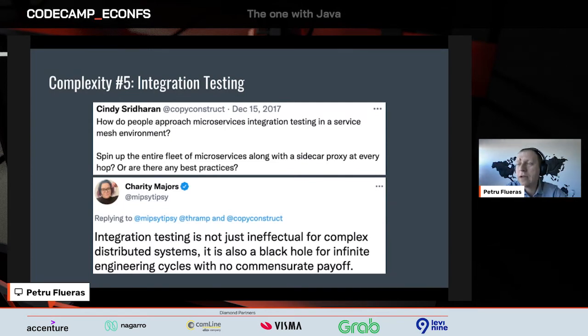So most likely you could spend a lot of effort implementing integration testing and still they can be ineffective. So this is, yeah, pretty scary, I would say. With a monolith, it is better. You can test it in a local environment and you can run the integration tests as well.